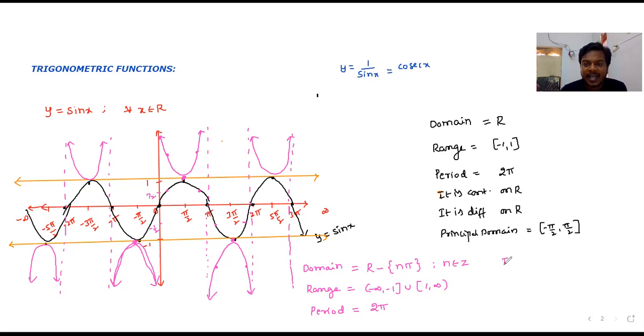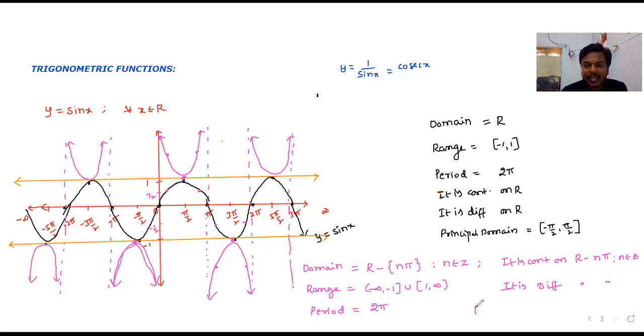Therefore, I can say that it is continuous on R minus n pi. On the respective domain, it is clearly continuous. Okay. And next, differentiability is also the same. It is differentiable on R minus n pi, n belongs to Z.